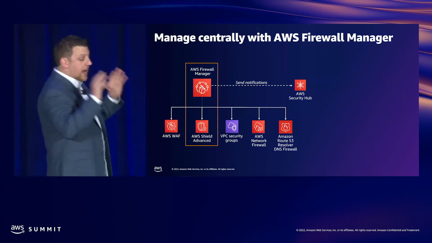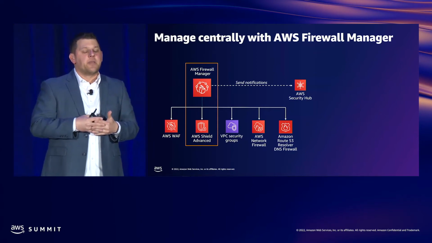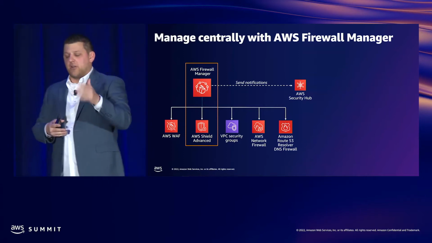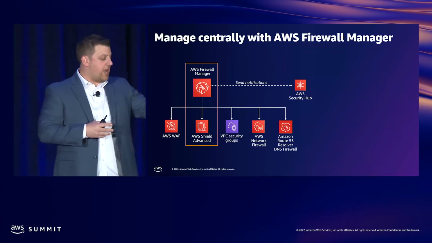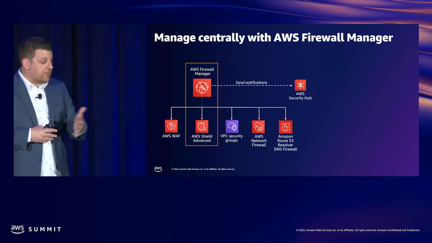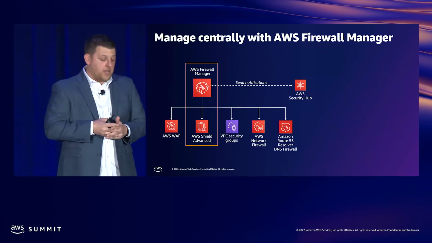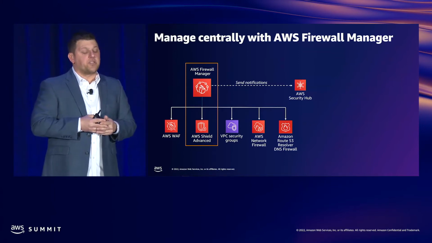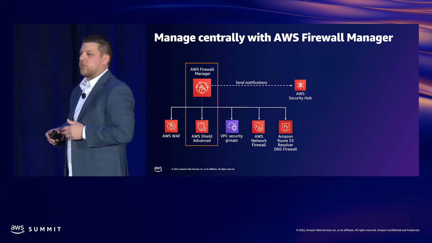However, I like to lead with this slide because we talk about layering in security, and that tends to be the hardest part. Not only does Firewall Manager manage Shield Advanced centrally, it also manages AWS WAF and some other services: VPC security groups, which we've had out for a while, and some of our newer security services, like Network Firewall and our DNS Firewall Resolver as well.